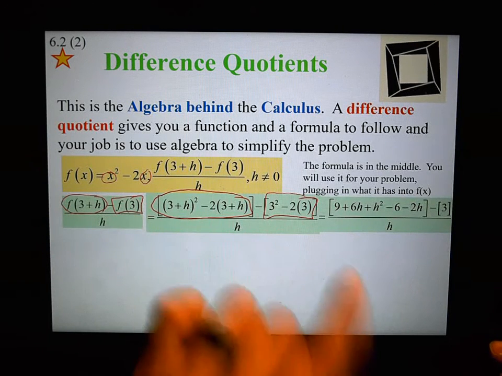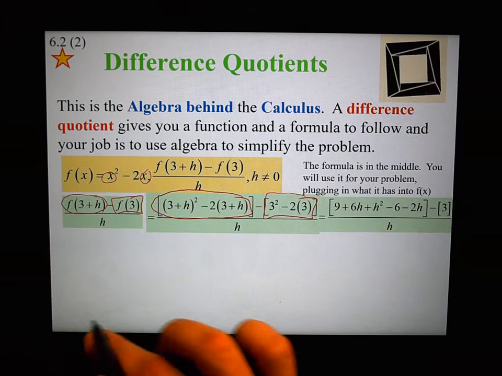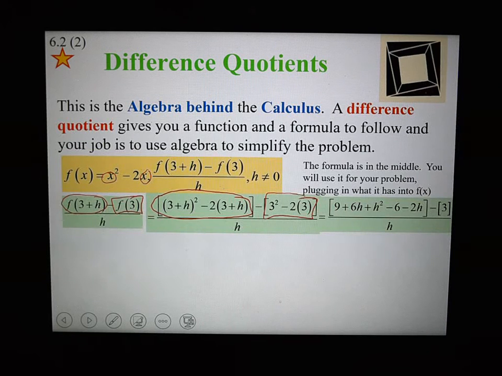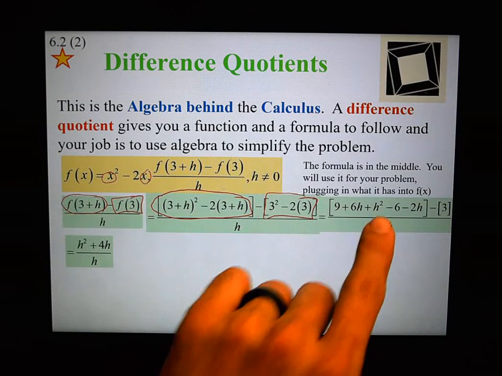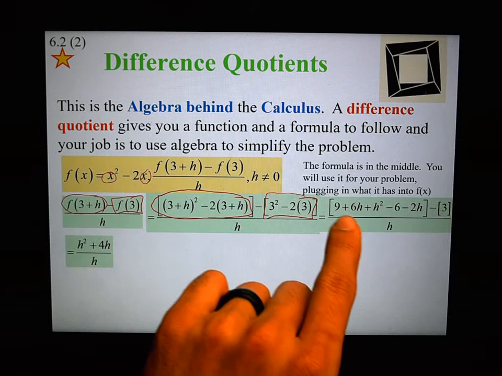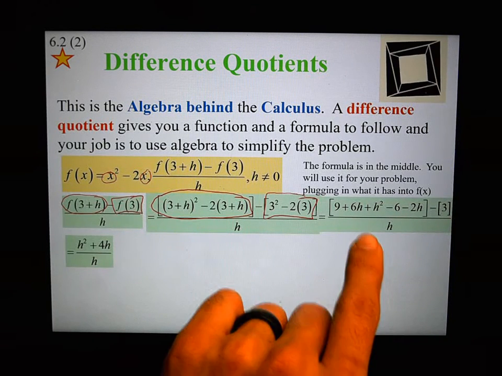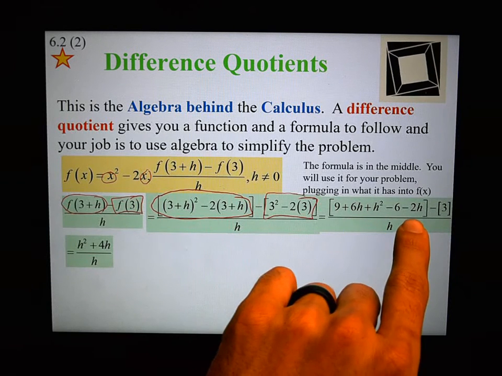And then I'm going to simplify it. I have h squared. 9 minus 6 is 3. 3 minus 3 goes away. So I have h squared, and then the 6h and minus 2h is 4h.